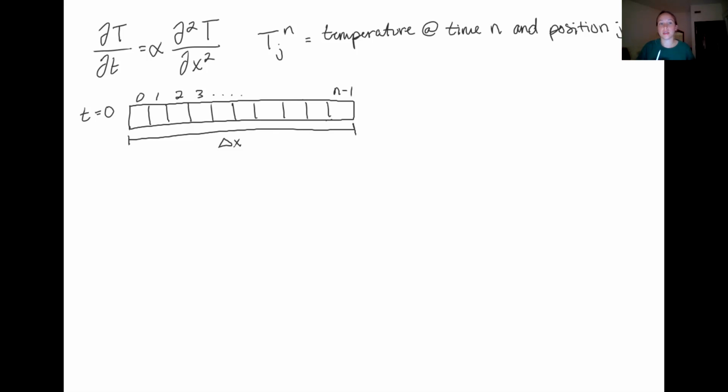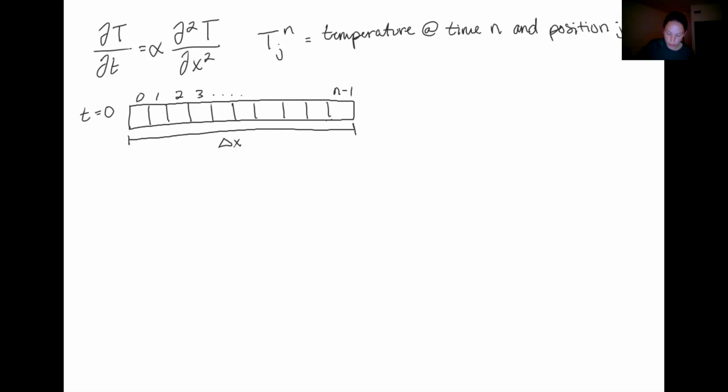The entire length of the bar is delta x, which is the change in position. The last increment is n minus 1, and the first increment is 0. And then we can also see that t is equal to 0, which we're going to say means that the time increment is equal to 0.